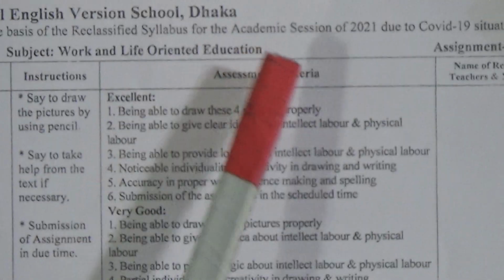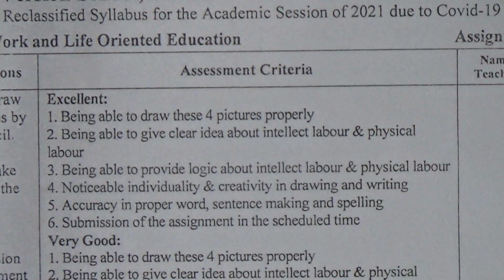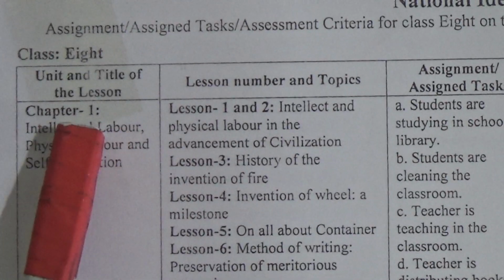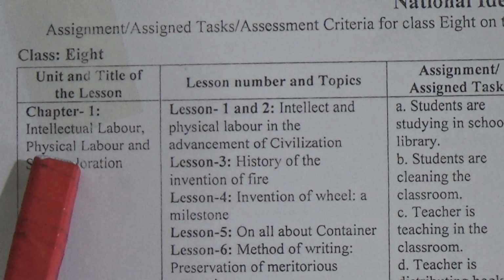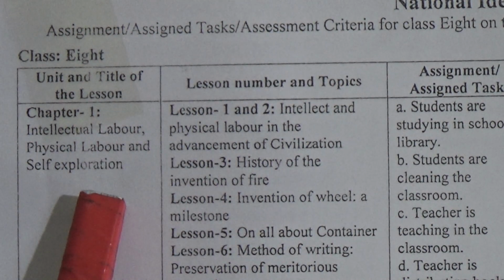Students, look, this is Work and Life Oriented Education and this is the first assignment for this subject. The chapter is the first chapter and its name is Intellectual Labor, Physical Labor and Self-Exploration.